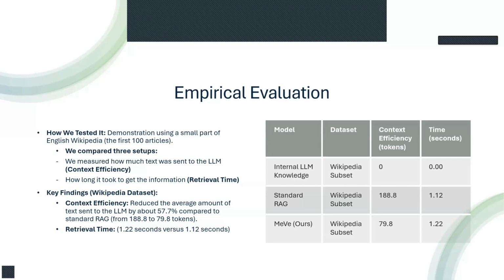And then we compared 3 different setups, which was internal LLM knowledge, which had 0 context efficiency, since it had no knowledge to answer the questions. And then standard RAG.